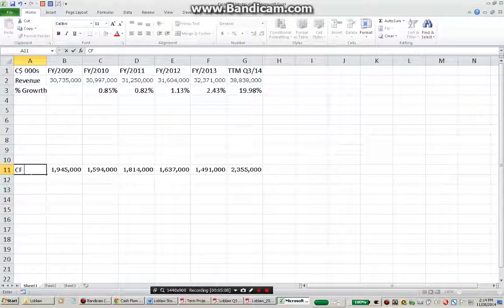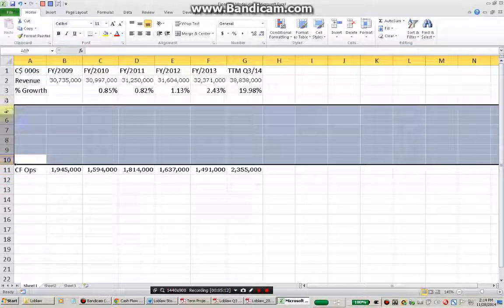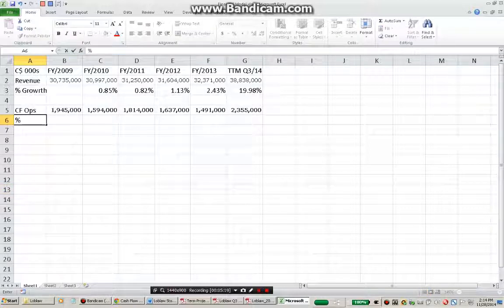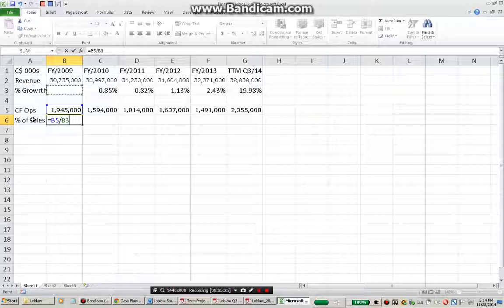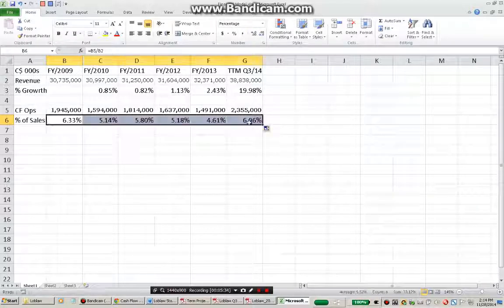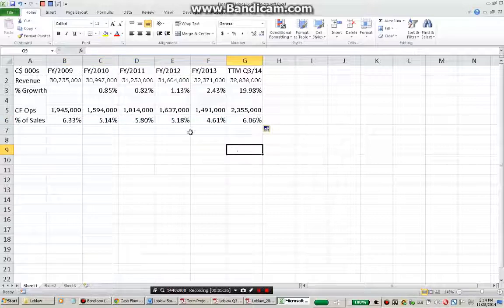Cash flow, I'm going to say from ops. And we want to see what this is as a percentage of sales equals cash flow from operations divided by revenue. Copy this across. Very smooth number.